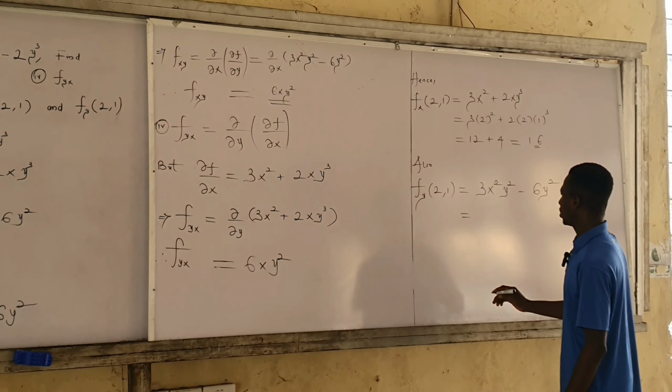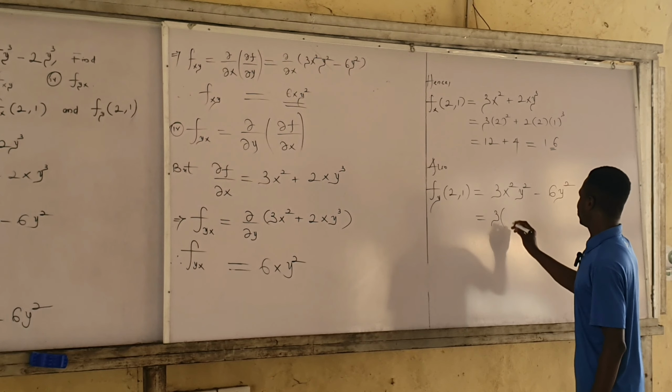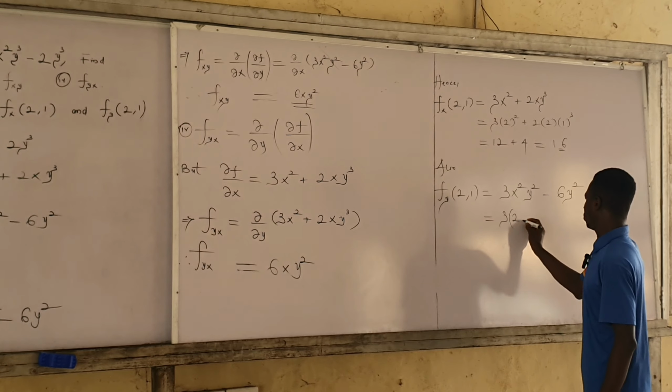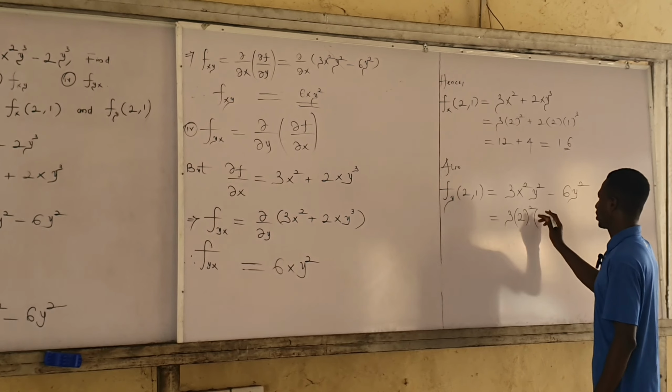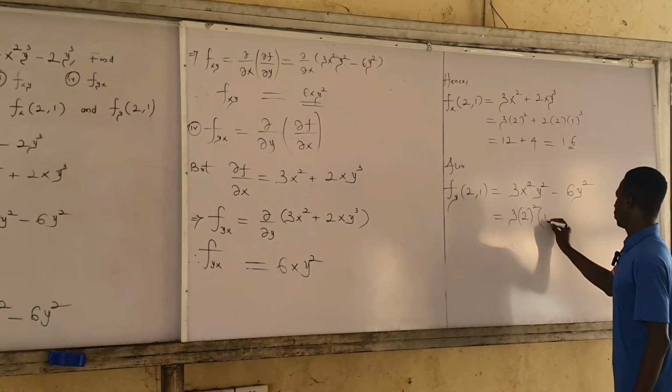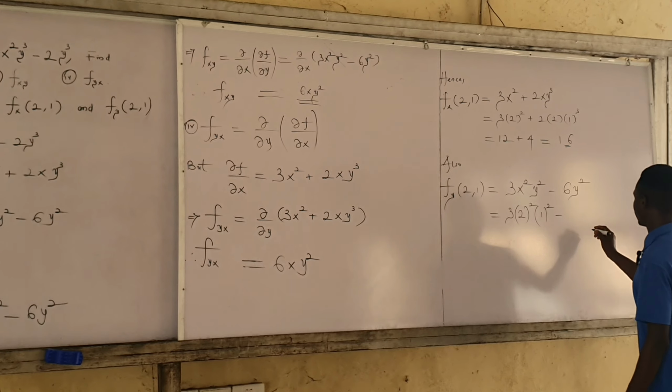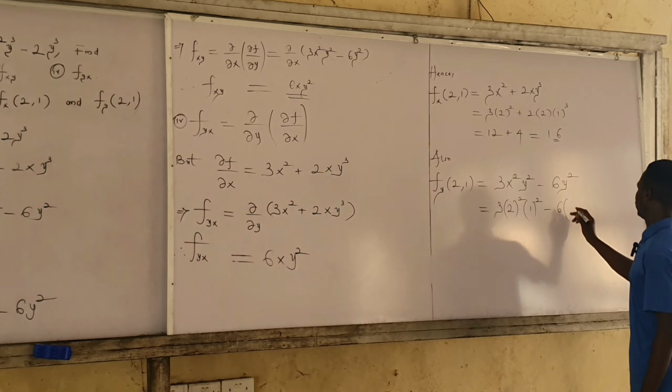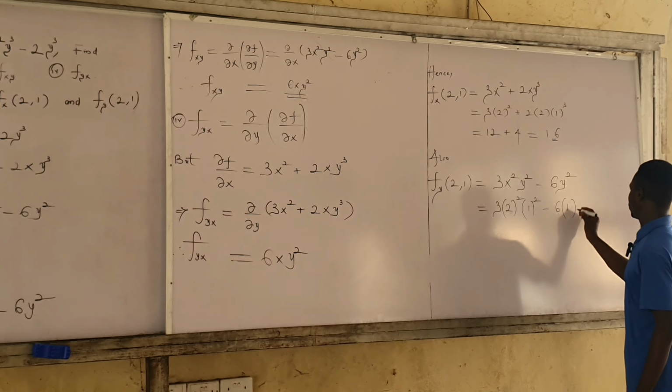So this is going to give us 3 times our x is 2, substituting 2 raised to the power of 2 open brackets. y is 1, 1 raised to the power of 2 minus 6 open brackets. y is 1, 1 raised to the power of 2.